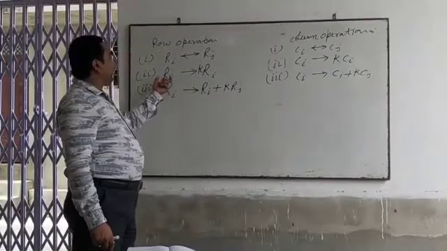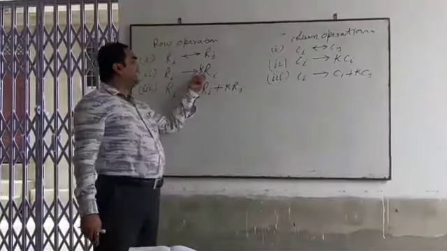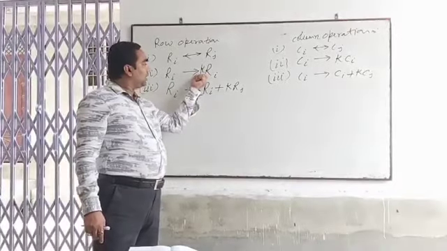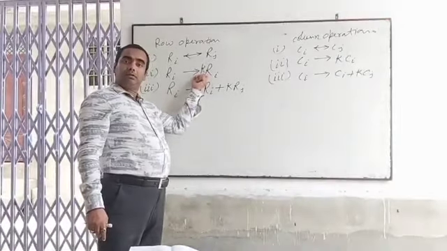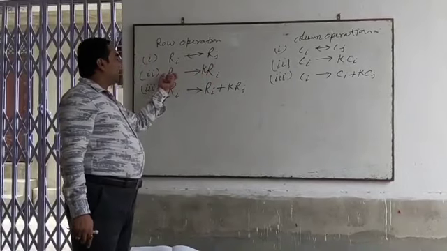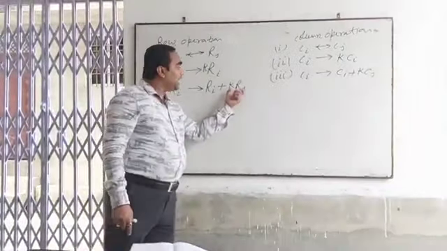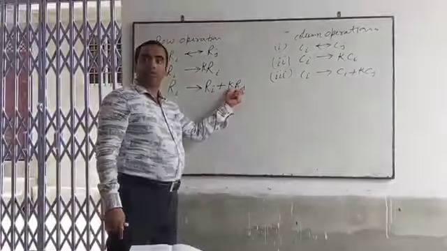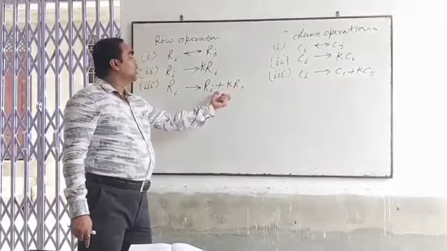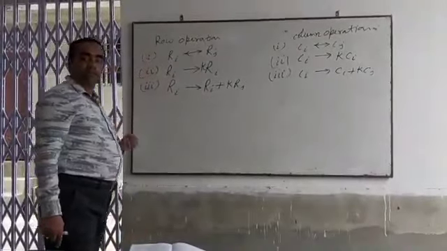Second, Ri to K Ri, meaning we multiply a constant, real number, or scalar with a row of the matrix and keep the result in that row. Third, we multiply a scalar or constant with any row of the matrix and add it to another row. These are the three commonly used row operations.